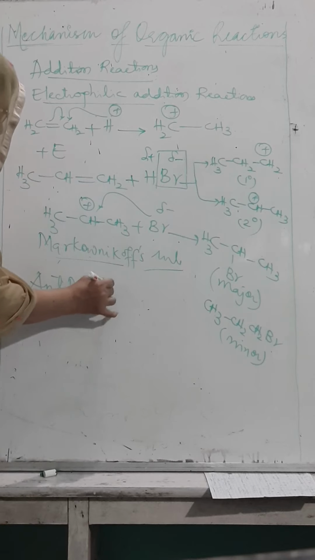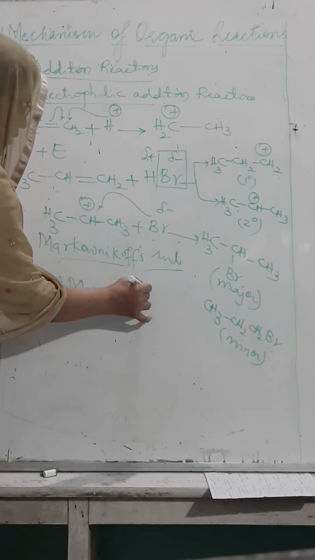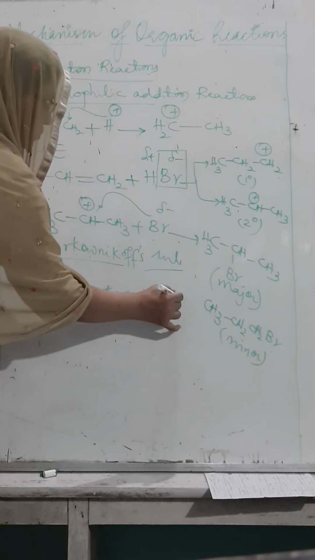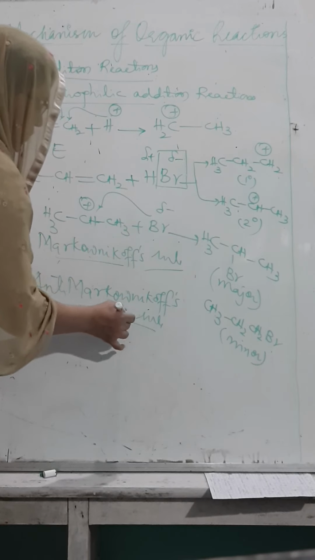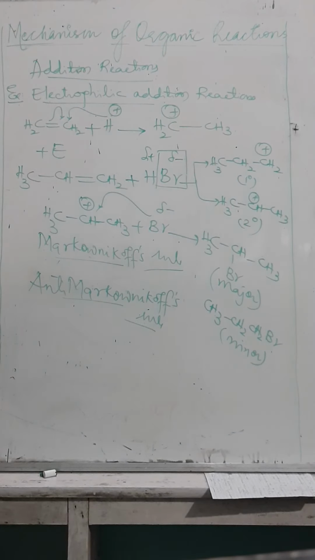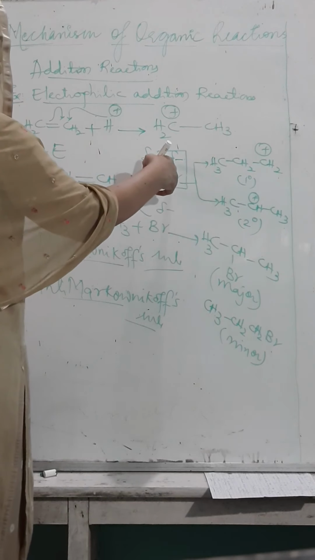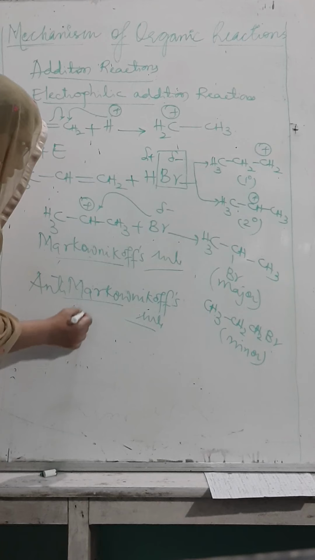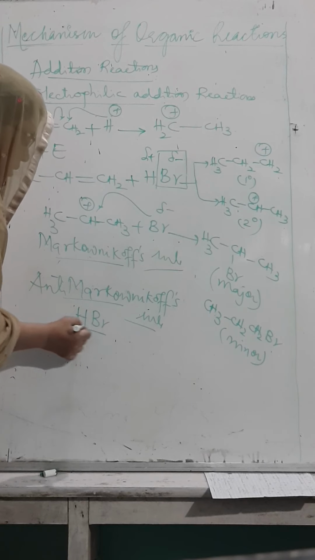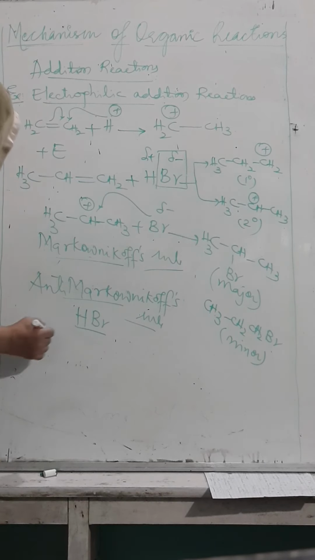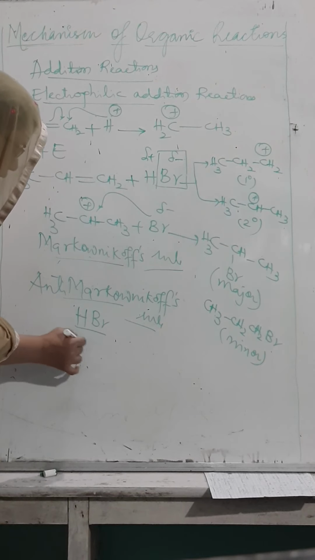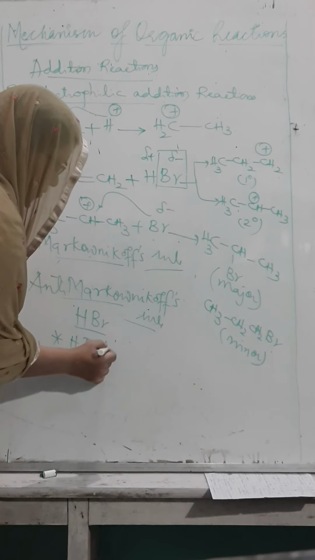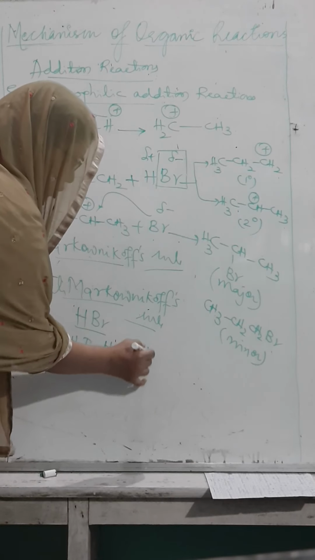Before going to the example, I will tell you what anti-Markovnikov's rule is, exactly the opposite. According to anti-Markovnikov's rule, the negative part of the reagent is added to the carbon containing more number of hydrogen atoms. The anti-Markovnikov rule is applicable only for HBr, but not for HI, HCl and HF.